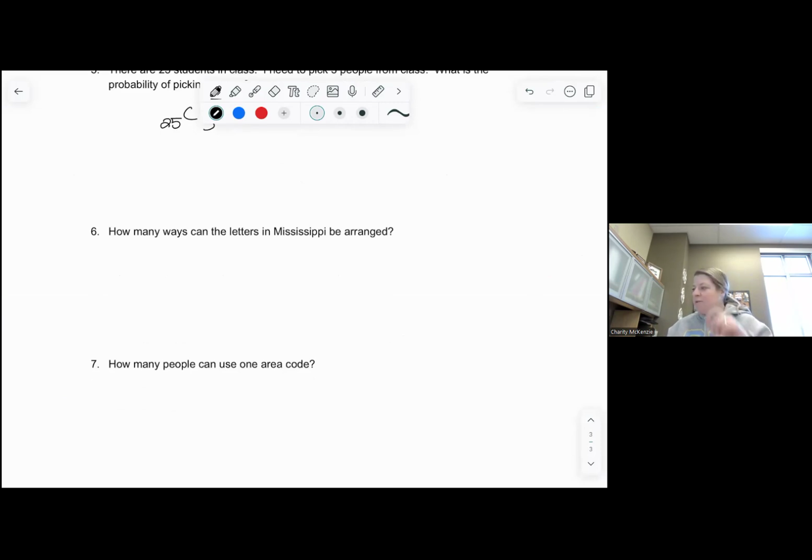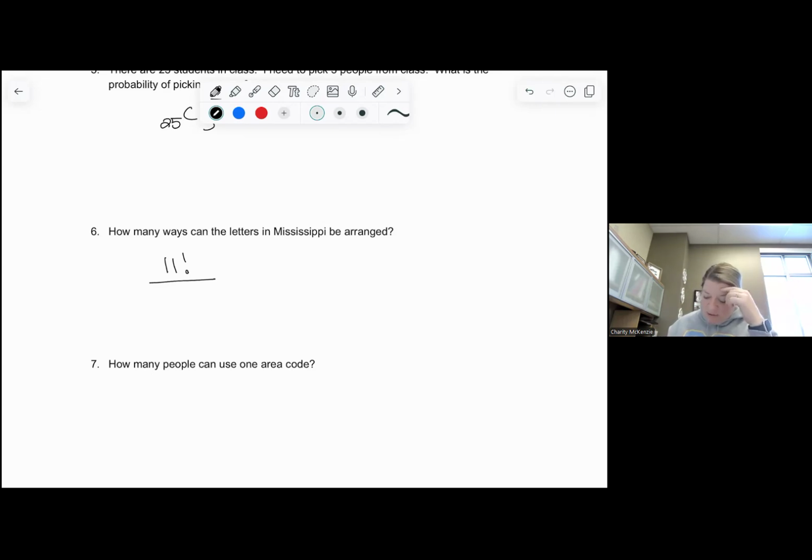So what we do is we look at how many letters are in Mississippi. So 1, 2, 3, 4, 5, 6, 7, 10. So I have 11 factorial on the top because that's our total letters. And then on the bottom, you need to divide out the ones that are repetitive, because I can't do 11 factorial because I can't distinguish between every single letter here.